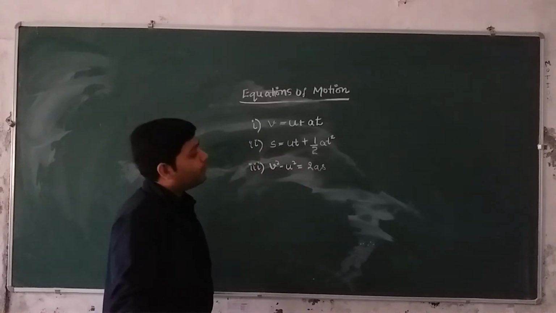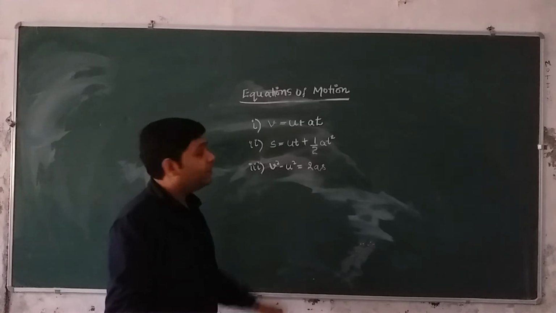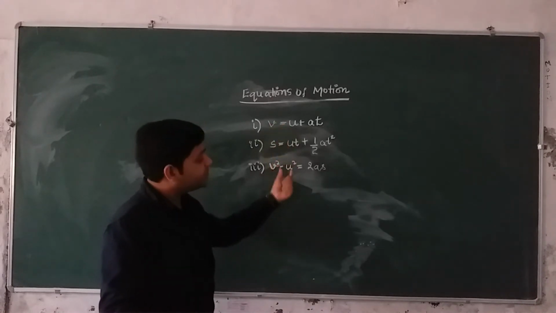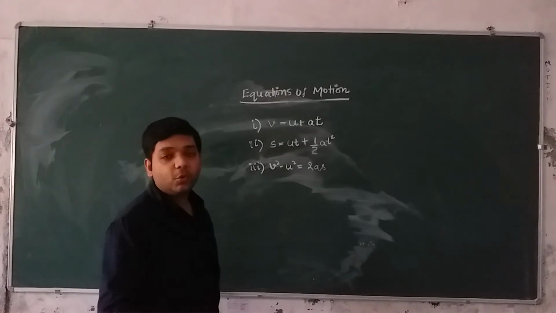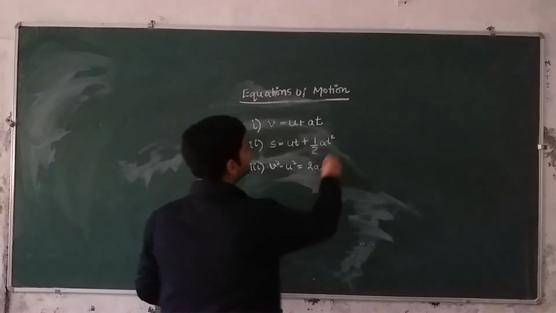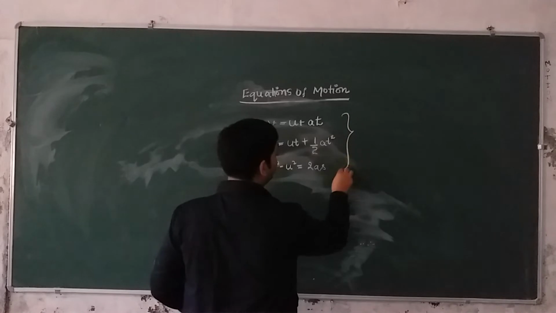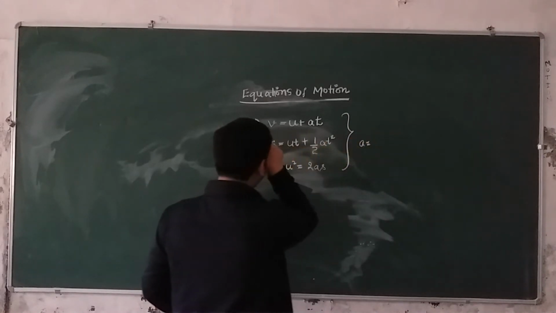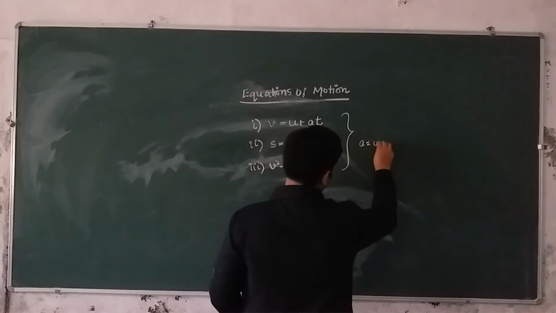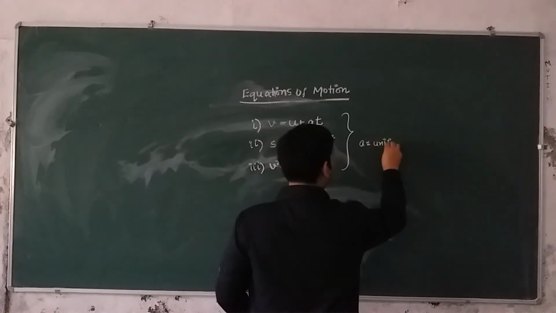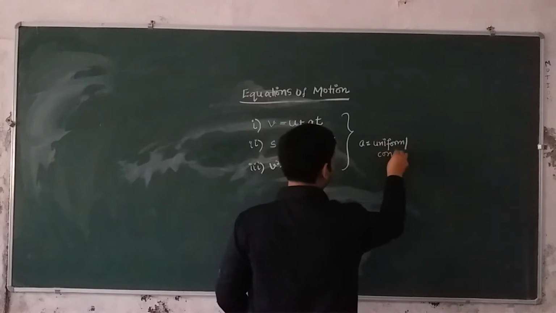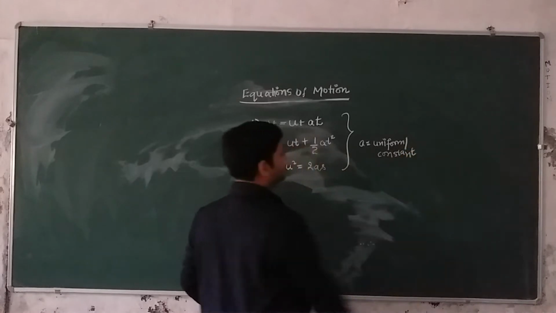One important thing that you need to know about using these equations of motion is that they can be used only when acceleration is constant or uniform. In other words, if the body is moving with a uniform or constant acceleration, only then can these equations be used.